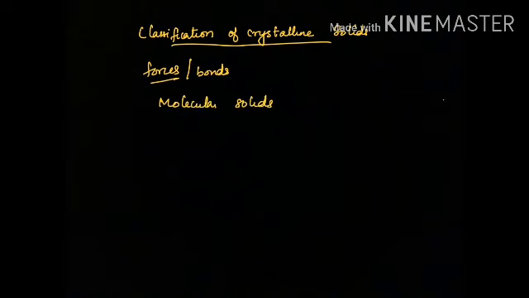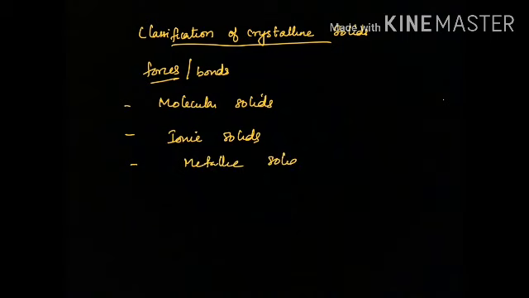It is divided into molecular solids, ionic solids, metallic solids, and the fourth classification is covalent or network solids.